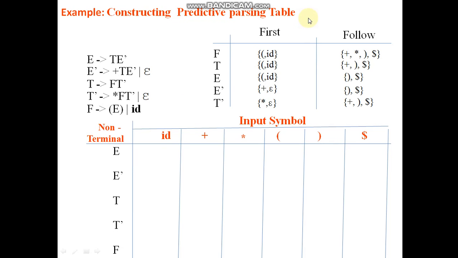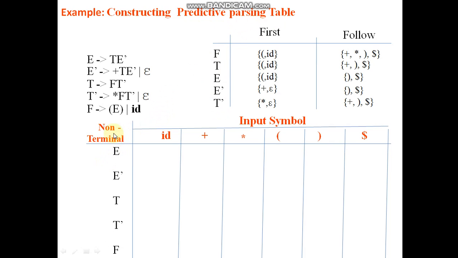Let us see an example of constructing the predictive parsing table for the predictive parser to parse the given arithmetic expression using the given non-left recursive arithmetic grammar. Obviously we are familiar with this grammar and we already know the first and follow set information of each non-terminal in the given context free grammar.